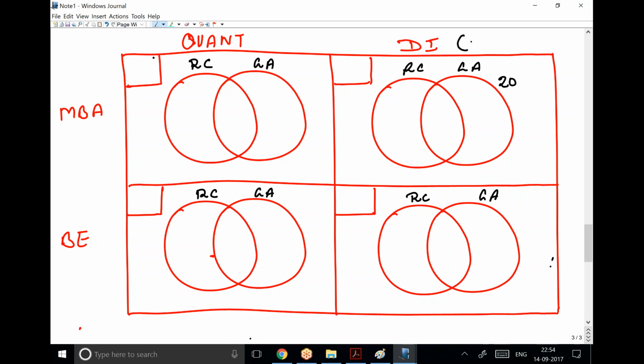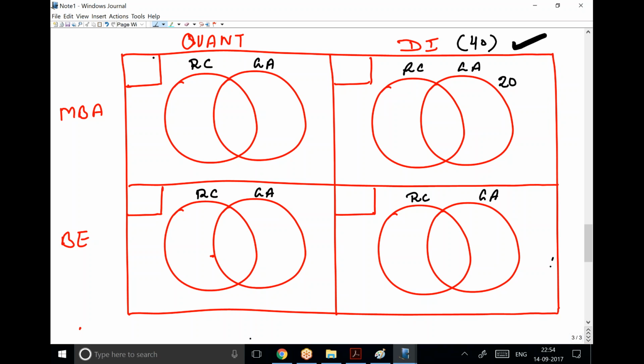So data interpretation becomes 40. So this is given to us 40. Why? Because this is 20 and this is representing 20 percentage of this whole section, which is data interpretation. So data interpretation comes out to be 40 here.